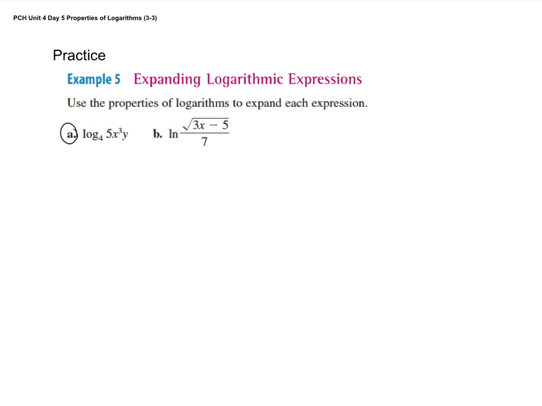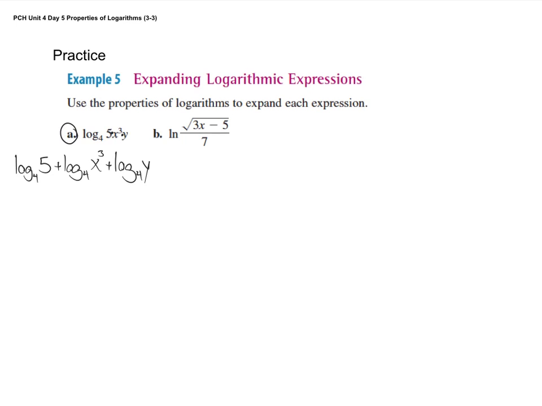Part A, we have the log base 4 of 5x cubed y. So how would I expand that out? Okay. Log base 4 of 5 plus log base 4 of x cubed plus log base 4 of y. Okay, good. We see multiplication happening twice here. So we can expand that out so that it's 3 separate logs added together, okay?